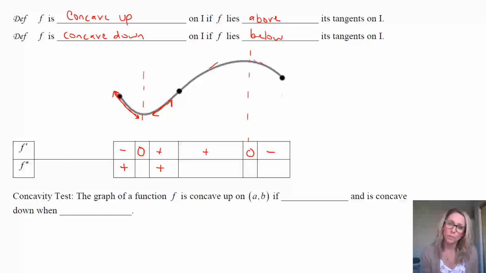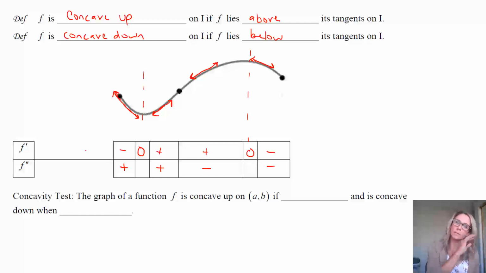But over here, notice a tangent line would look like this. Now I have that f is below its tangent, so I'm going to be concave down. What that means is a negative second derivative. And at the end here, same idea. If I do this, notice that my function is below its tangent line, and so I'm going to have this as well.